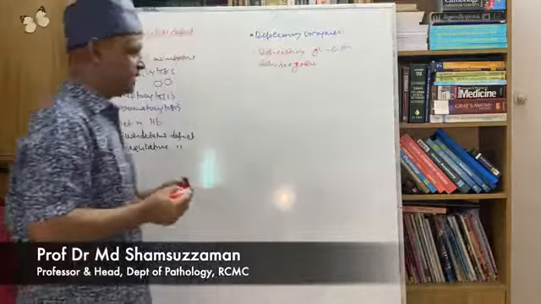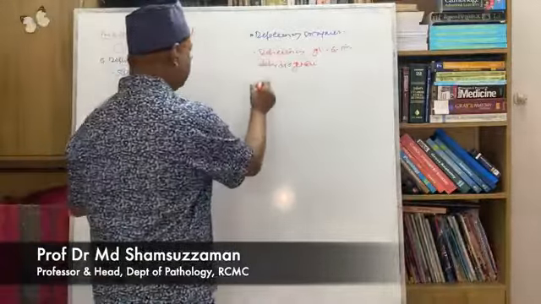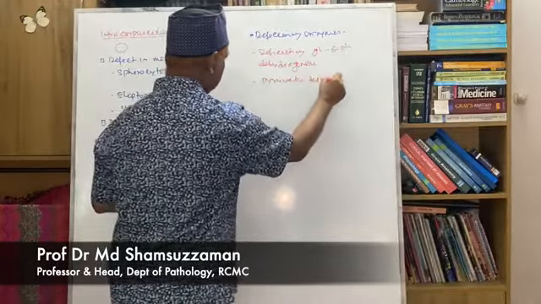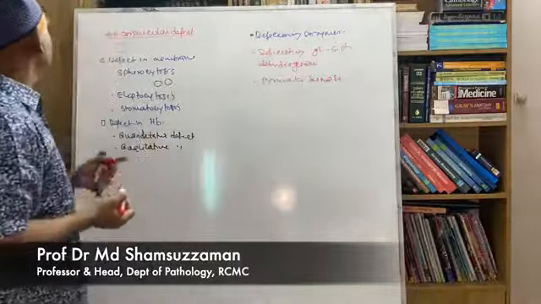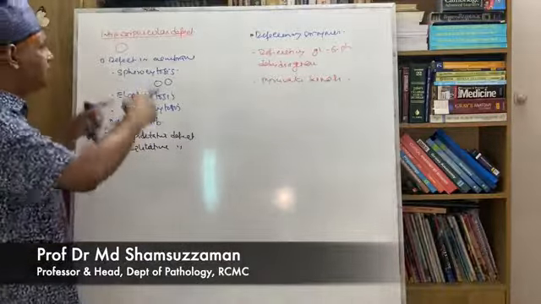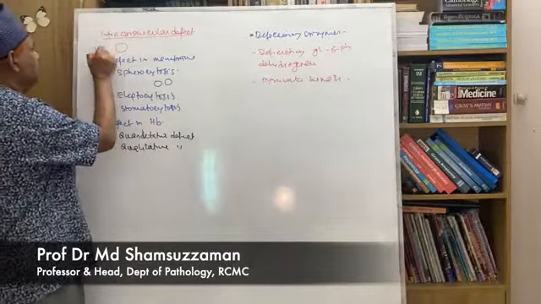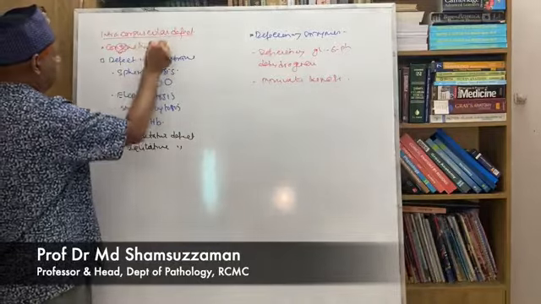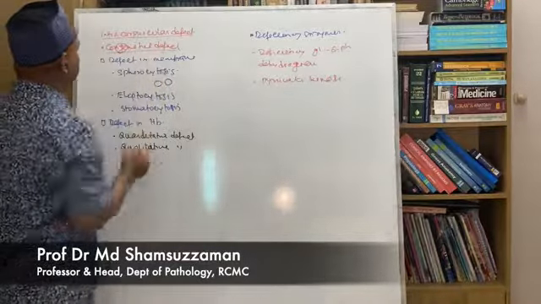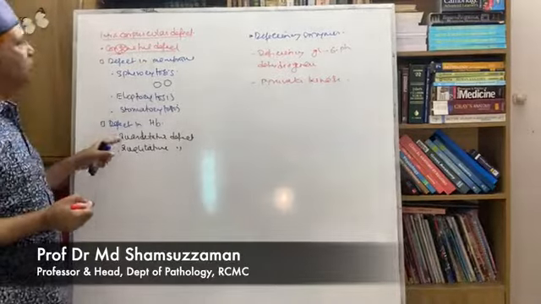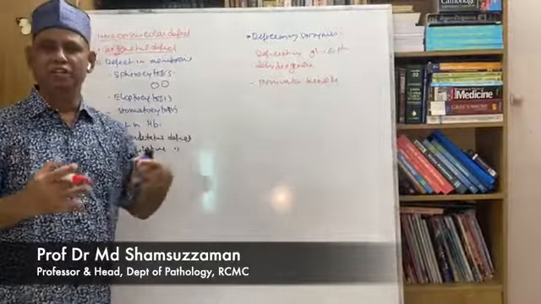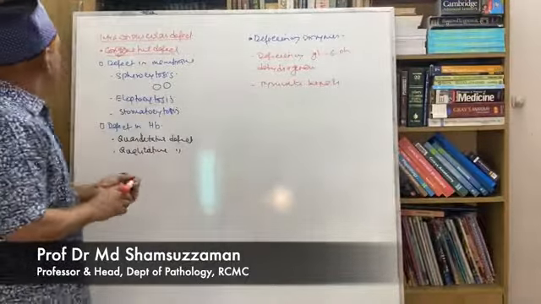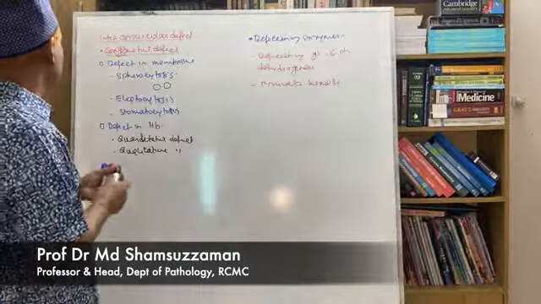And also pyruvate kinase deficiency. So this is the intracorpuscular defect. All these three are known as congenital defects. So all these three, defects in membrane, defects in hemoglobin and deficiency of enzymes, are congenital defects associated with the intracorpuscular defect of hemolytic anemia.